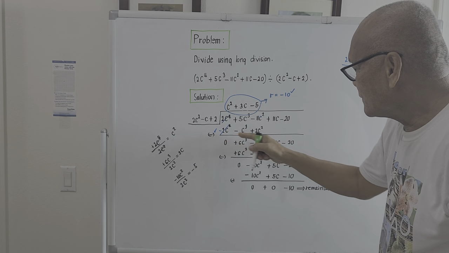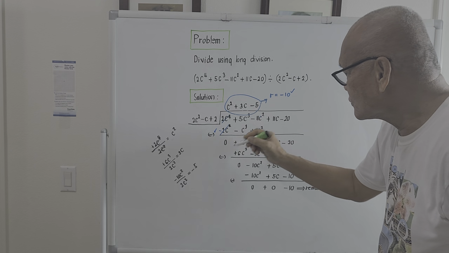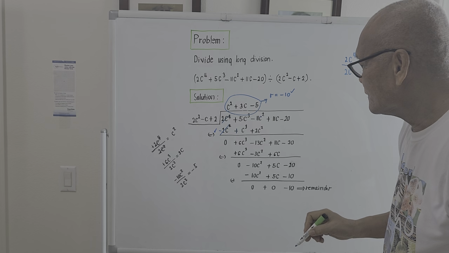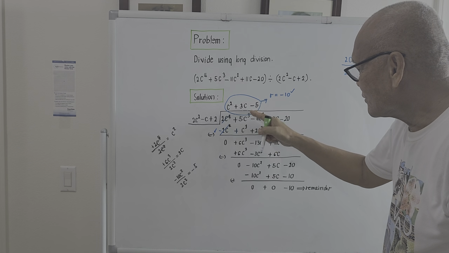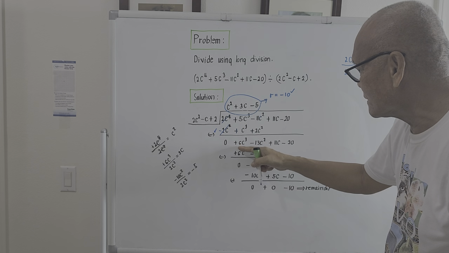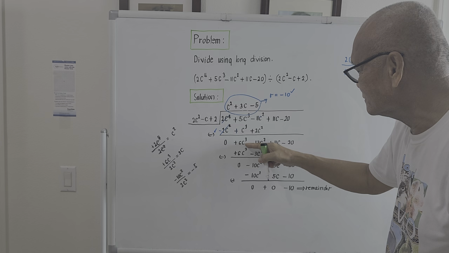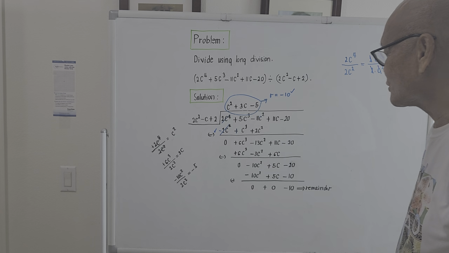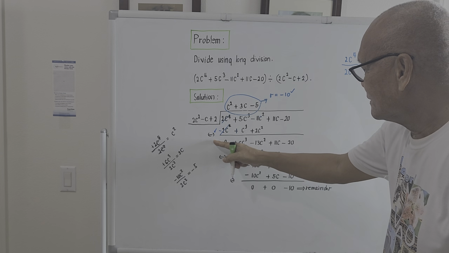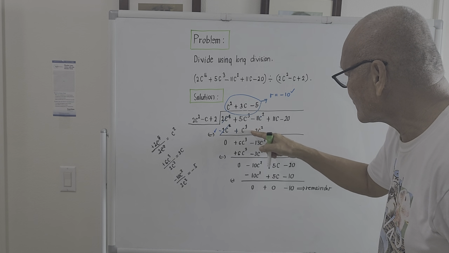If we subtract the second term, this is a minus, so this will now be a plus. Okay? So 5c cubed plus c cubed, the coefficient will be 5 plus 1, that will be 6. This is c cubed. Right? Next one. The operation is subtraction, right? A minus, this is plus, so this will become a minus.